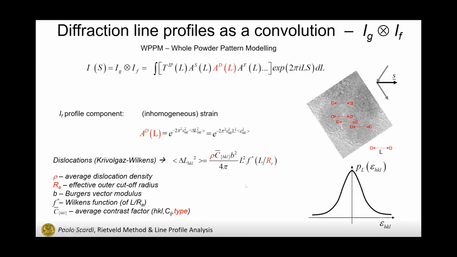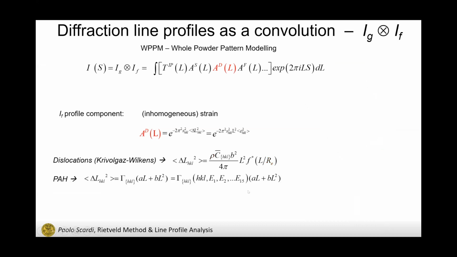However, if the strain source is undefined or there are multiple strain sources, which is very frequently the case, and if it is not dislocations at all, then we can use another, less specific phenomenological model that I call PAH, with the P to remind of Nikolai Popa, who unfortunately recently passed away, and Adler and Houska. And by the way, Houska has been probably the last pupil of the late Professor Warren.